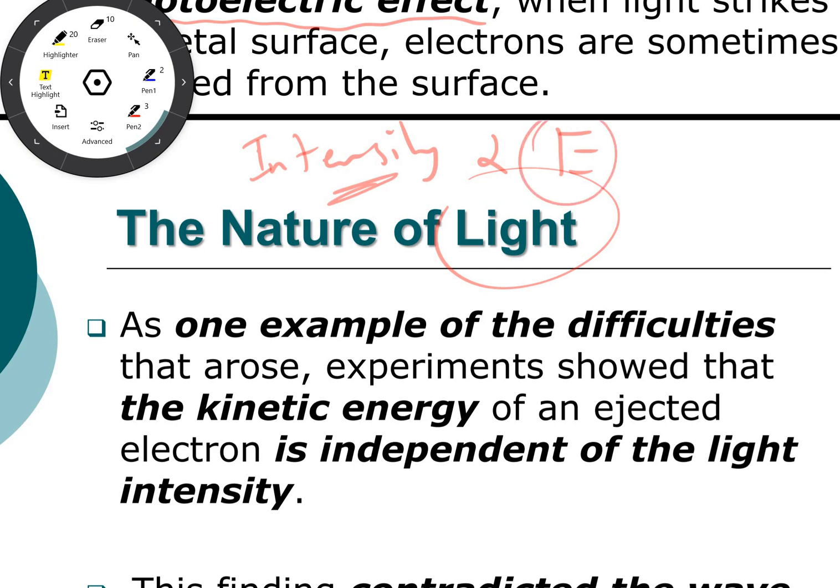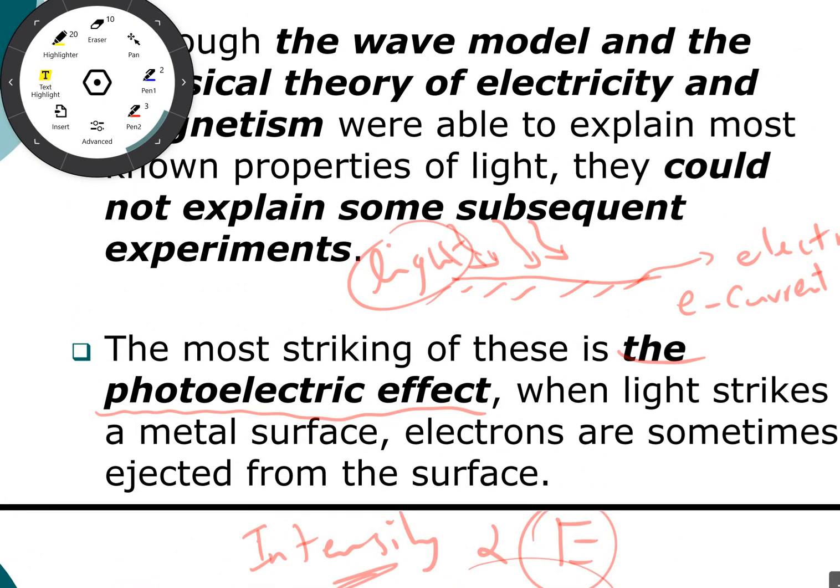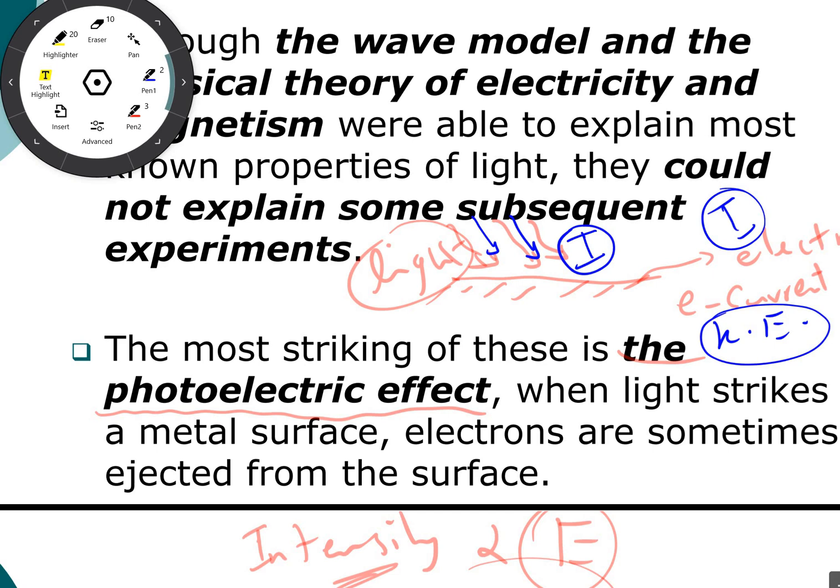So in photoelectric effect, as we said, we have incident light, and we have an electric current. So the electrons which move in this electric current have a kinetic energy. And people thought that increasing the light intensity should increase the amount of kinetic energy of electrons, because increasing the light intensity, increasing I, is proportional to the energy of the wave.